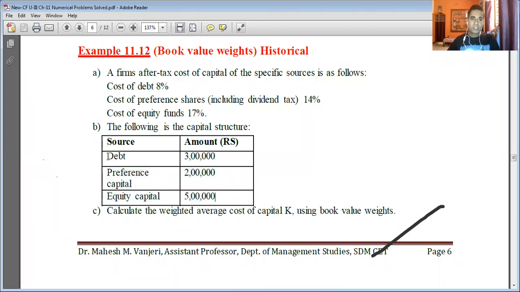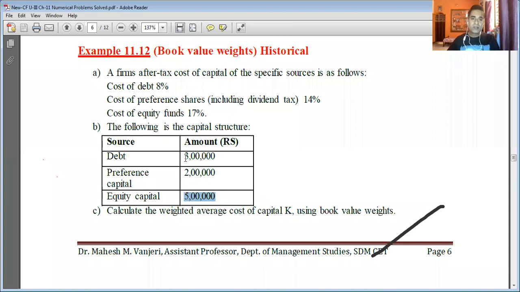So what is the proportion of each source of finance in the total capital? Out of 10 lakh, 3 lakh rupees is debt capital, 2 lakh rupees is preference capital, and 5 lakh rupees is equity capital.